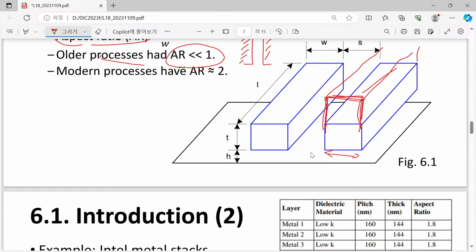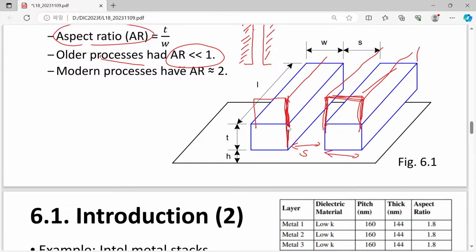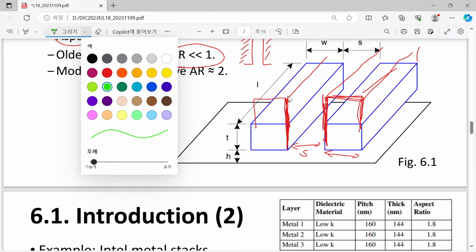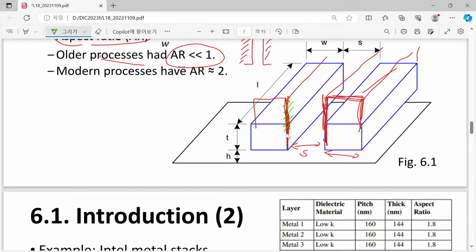That's true. But at the same time, if we have taller and taller lines, then what will happen? Although the spacing is the same, their faces looking at each other are now increased.